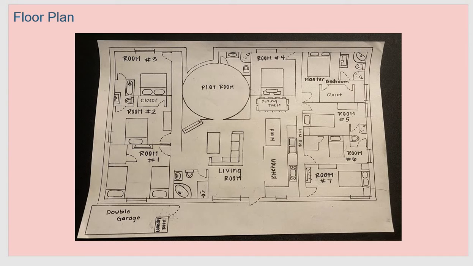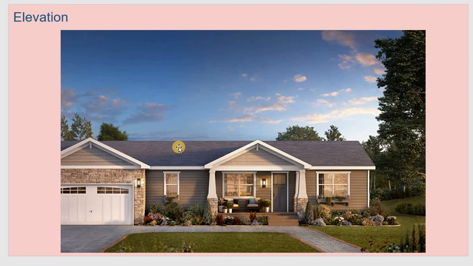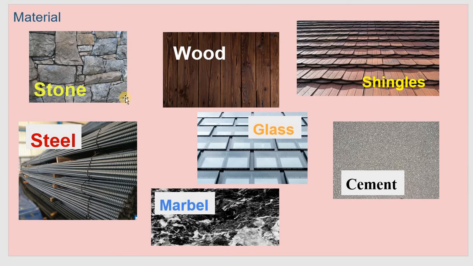For example, this one she can draw, so she drew everything on paper and shared it with us like this. She drew that and showed it to you. Next, you need to draw the elevation, or you take a copy. Right here she took a copy of an elevation image, the one similar to her idea. And finally, share the materials you need to use for your projects.